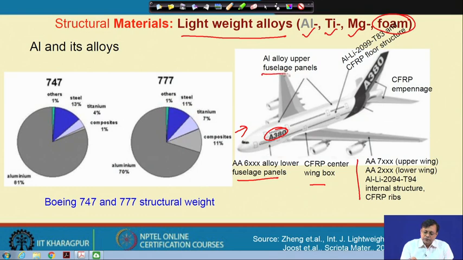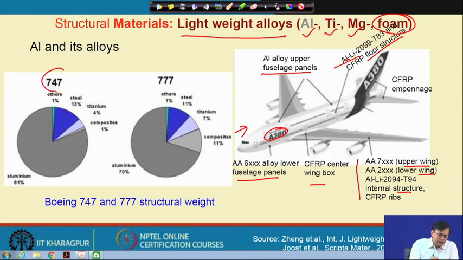So, the fuselage panels, the floor structures, and then the upper wing, lower wing, internal structures, the wing box, fuselage panel, all of them are made out of aluminum alloys or aluminum lithium alloys. There are different grades of aluminum alloys.